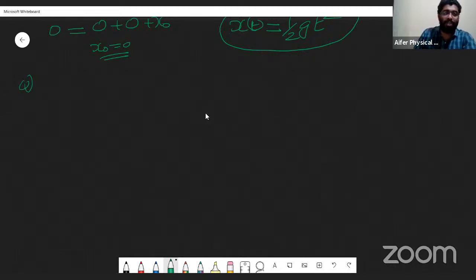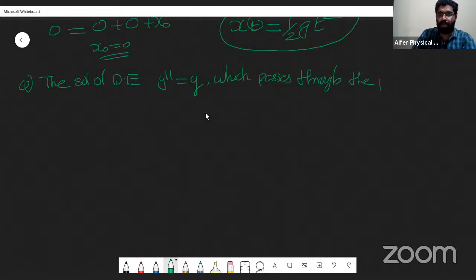The solution of the differential equation y double prime equal to y, which passes through the point log 2, 3/4, if the general solution is given.